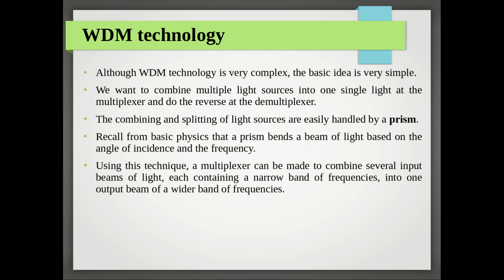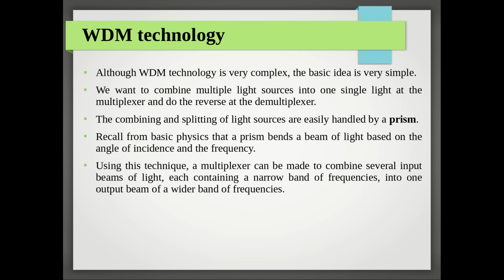Now using this technique, a multiplexer can be made to combine several input beams. You have to make the input beams of light incident on that particular prism at different angles, each containing a narrow band of frequency, into one output beam of a wider band of frequency.